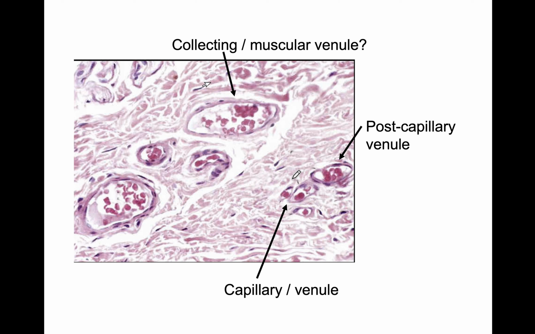Again, this is a venule. This is a post-capillary venule, and it's not easy to differentiate because these only contain endothelium with the pericyte.